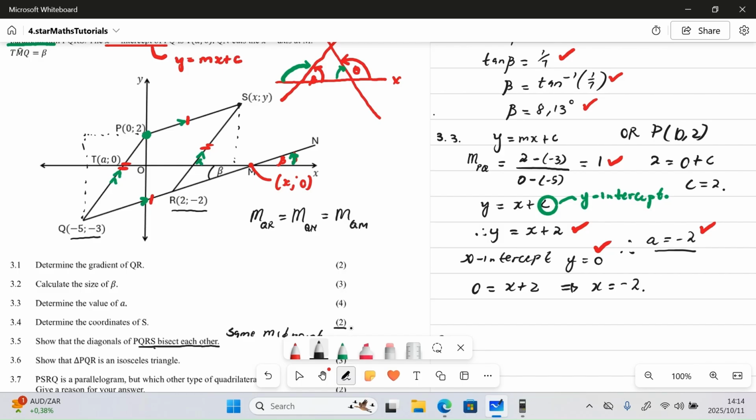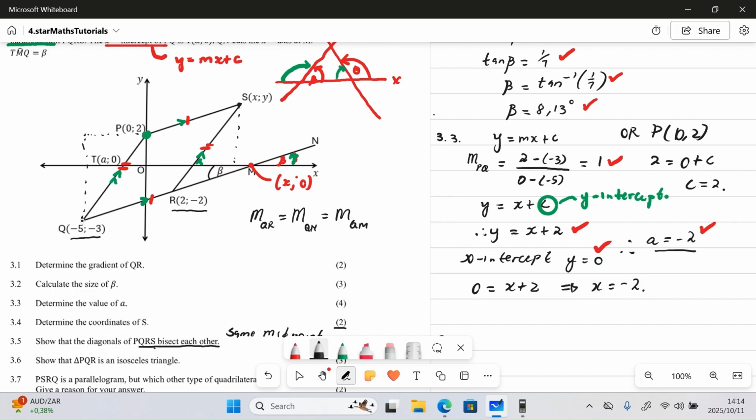Because we have another method that we can use. So remember, this is a parallelogram. If it's a parallelogram, we know that the distance of PS is equal to the distance of QR, meaning when I move from Q to R, I am traveling the same distance as when I am moving from P to S. So let's check.